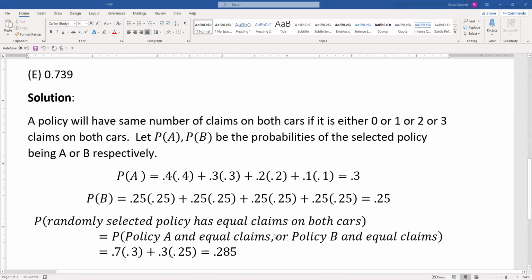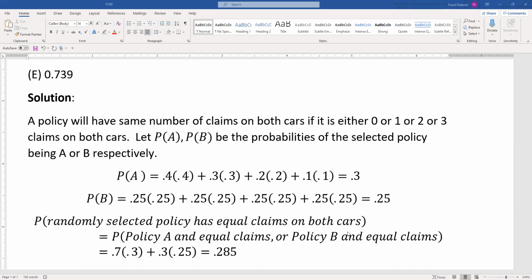And the probability that the randomly selected policy has equal claims on both cars is the probability that policy A has been selected and equal claims, or policy B has been selected and equal claims, right?